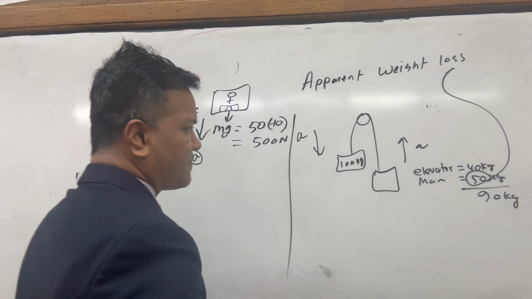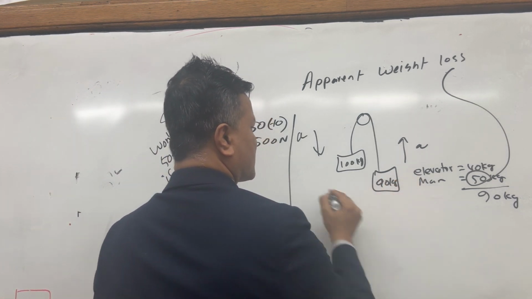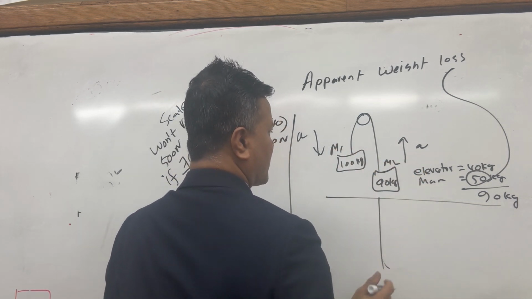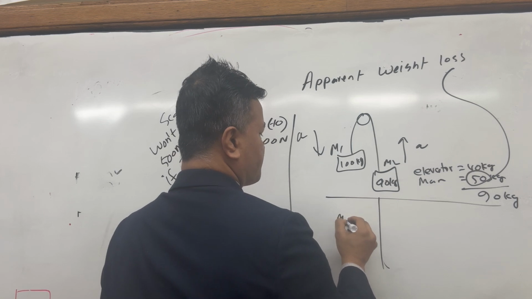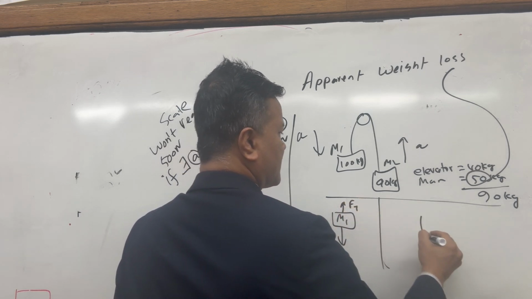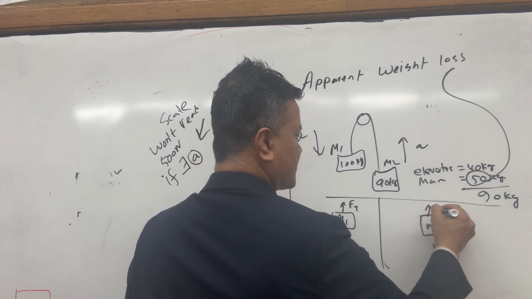Now let's see if there is an acceleration. Let's call this 90, of course. Let's call this one m1, this one m2. So you have m1, m1g, and you have Ft. You have m2, m2g, and you have Ft.